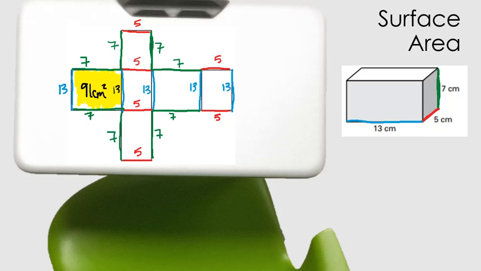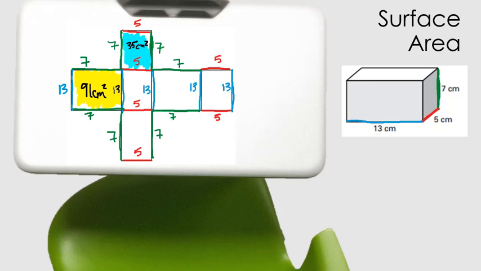All right, now we have the area of this rectangle. And it's a 5 by 7. So I would do 7 times 5. So this is 35 centimeters squared. So we've done the 7 by 13. We've done the 5 by 7.